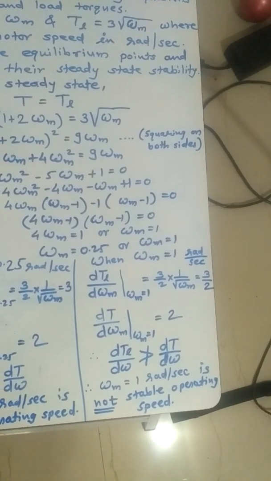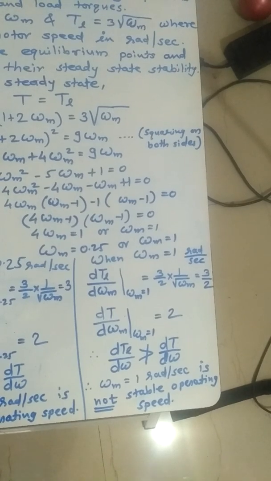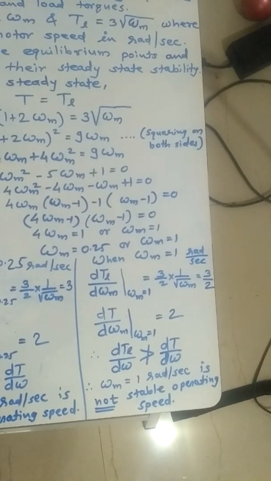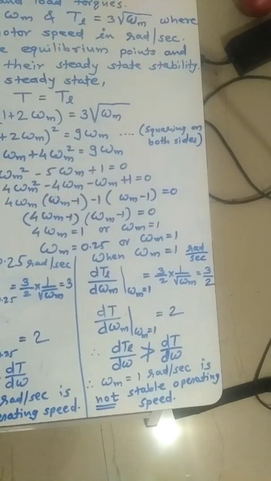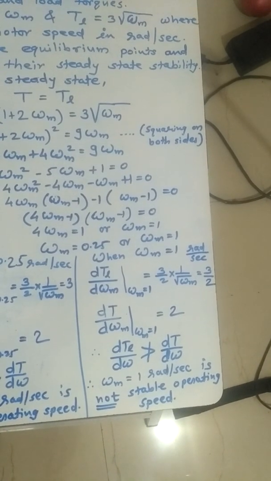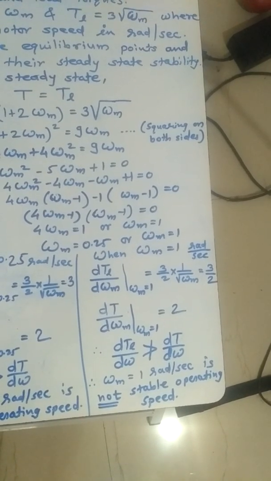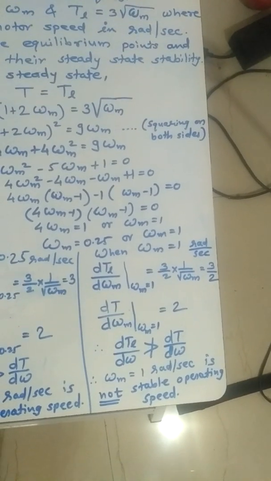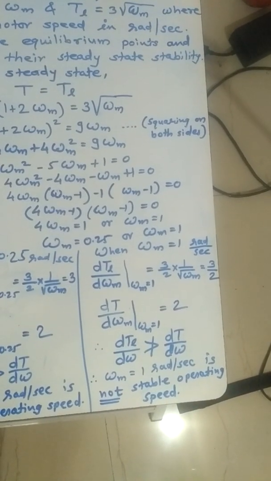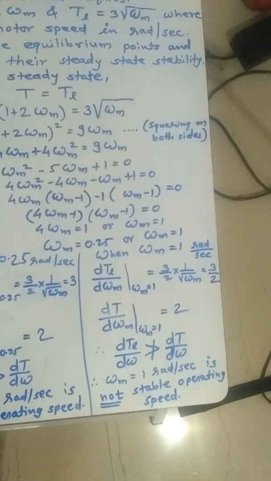Similarly, dT by d omega m, when evaluated at omega m is equal to 1, comes out to be 2. So from this, we can say that the differentiation of load torque with respect to omega is not greater than motoring torque's differentiation with respect to omega. Therefore, omega m is equal to 1 radian per second is not a stable operating speed.